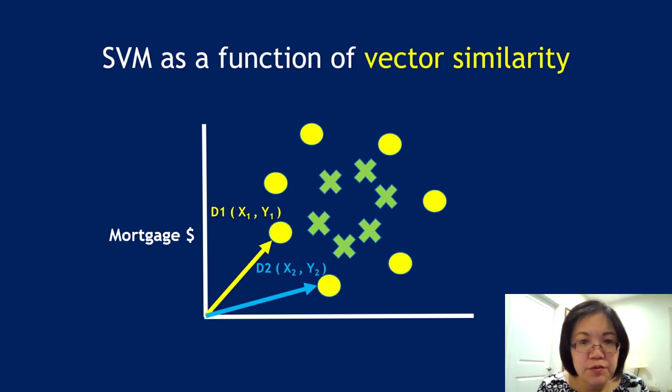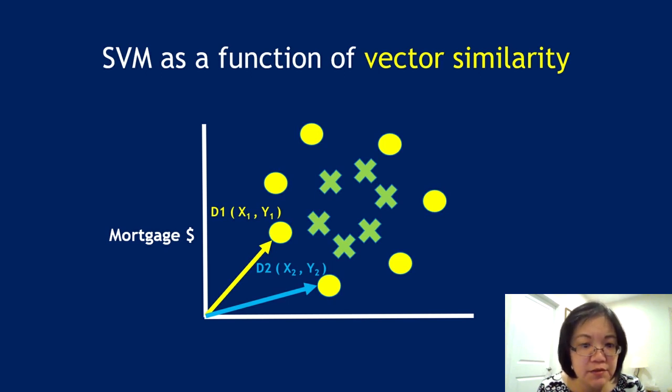What is a kernel? Well, a kernel is really just a computation of vector similarity. We have been looking at the support vector classifier equations, and we can reformulate the equation as a function of vector similarity. What do we mean by vector similarity? If you look at the data points on the graph, each one of them is actually a vector.